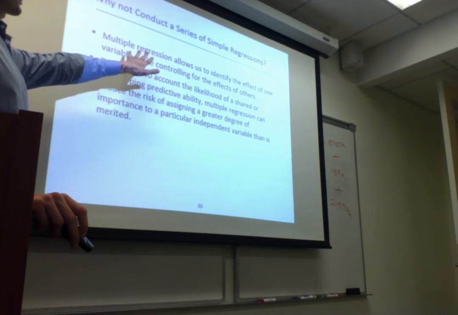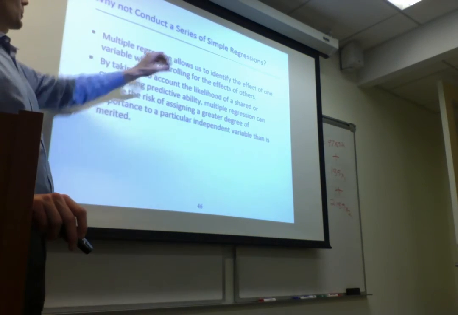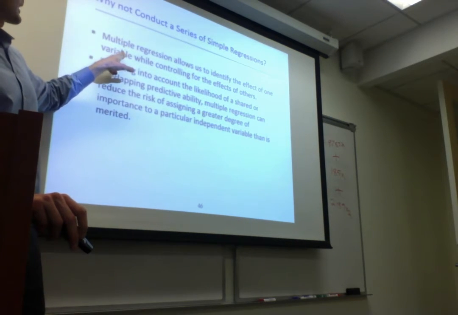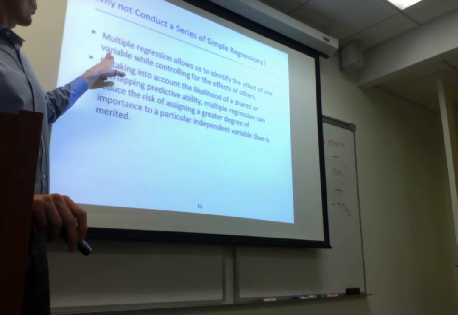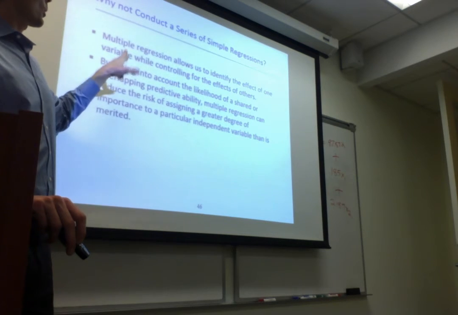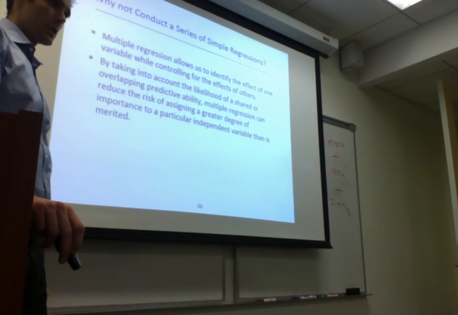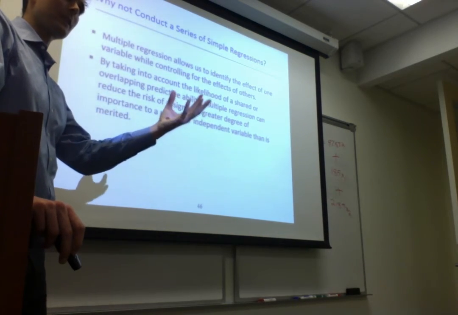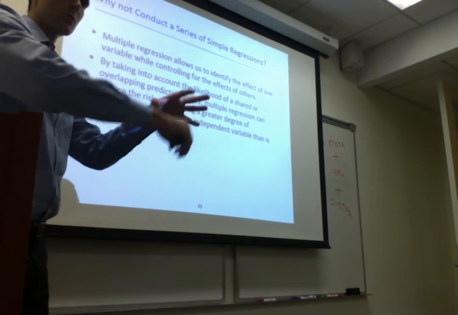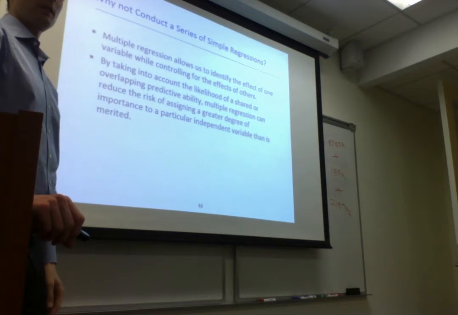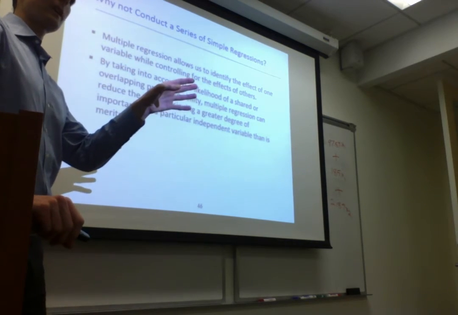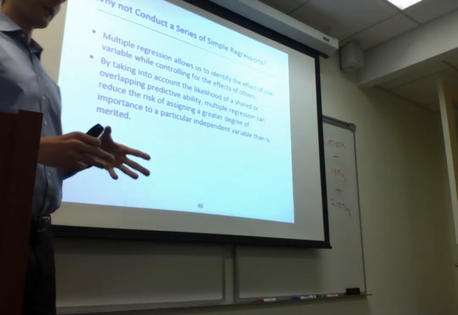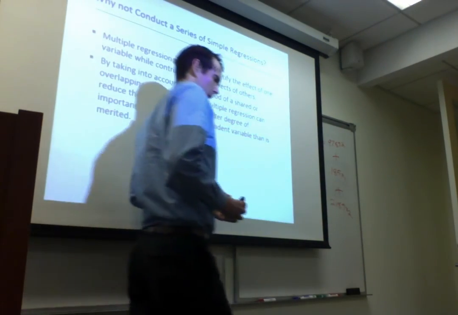So multiple regression, I'm just going to read these each to you, and then we'll discuss them. Multiple regression allows us to identify the effect of one variable while controlling for the effect of the others. So it allows us to identify the effect of square footage while controlling for location. It allows us to identify the effect of increased field goal percentage while controlling for turnover percentage.